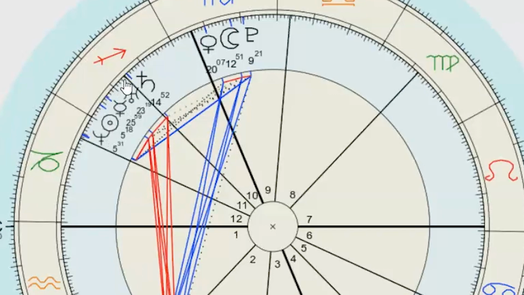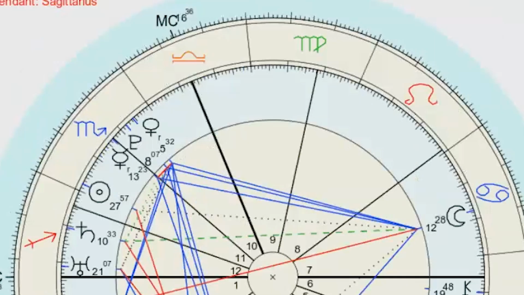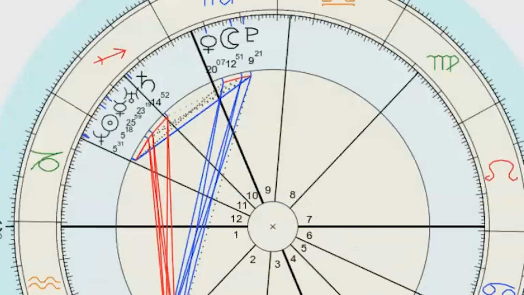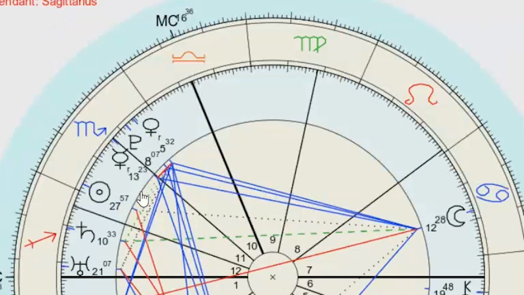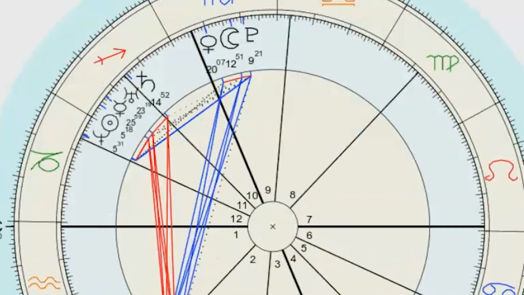Her natal Uranus is at 21 degrees, I think. Let's see. Yeah, 21 degrees, also near the ascendant. Her birth time's not for sure exact, but Uranus is important, assuming her birth time is relatively accurate, because her natal Uranus would be conjunct her ascendant. So that also energizes Uranus. And this is an example of where the progressed chart is going to be relevant.